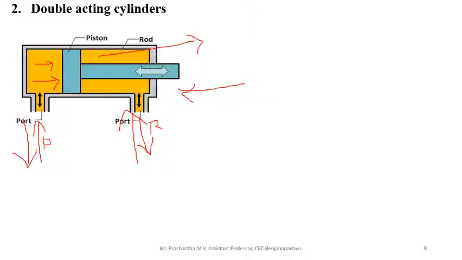And during the retraction stroke, the pump is connected to this port and the force of liquid acts on the piston rod end and pushes the piston to its original position, and whatever liquid accumulated here will travel to this port, and this port is connected to the reservoir. By this way, the double acting cylinder works.